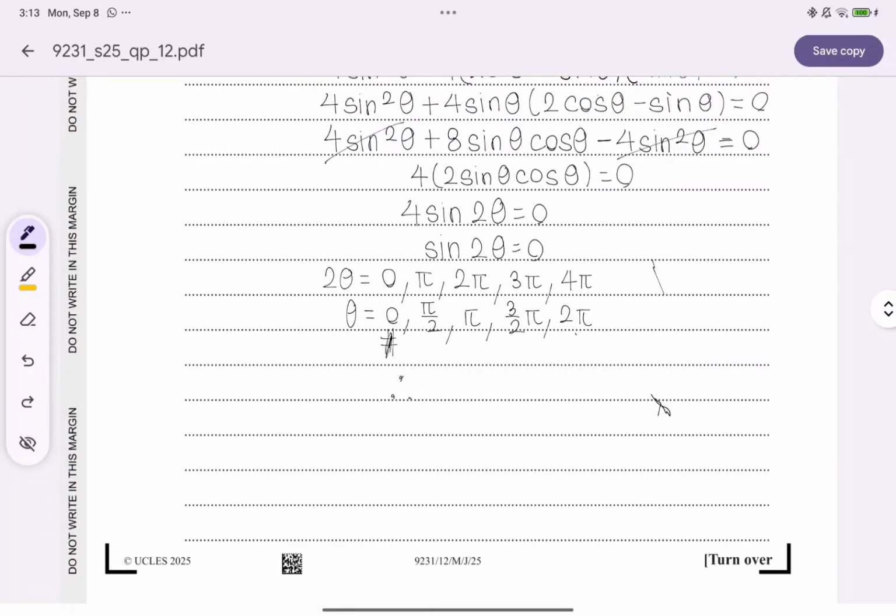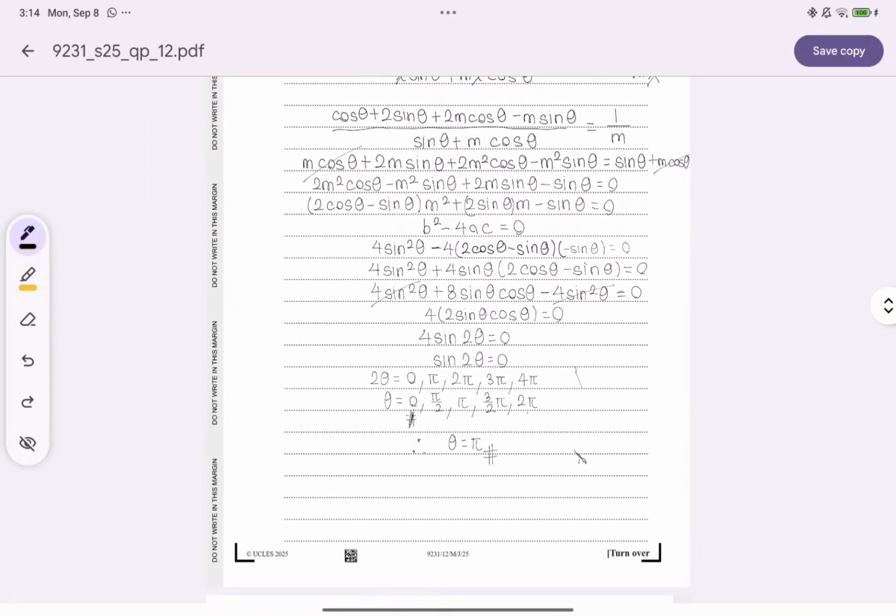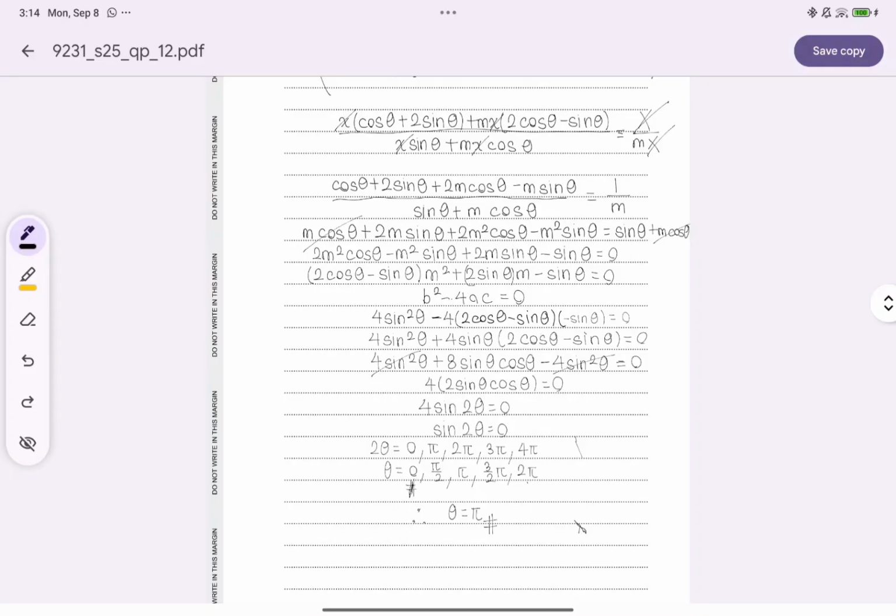Okay, so here I have a feeling that the answer, just to be safe, is pi. So theta is equals to pi, because we can actually factor out cosine theta, and this would give us an equation in tangent theta, and we know that tangent pi over 2 doesn't exist. So yeah, our final answer is theta equals to pi. So this is our final answer.